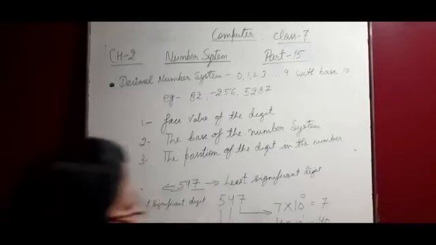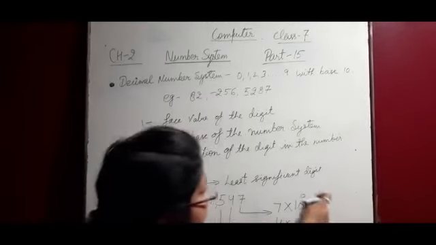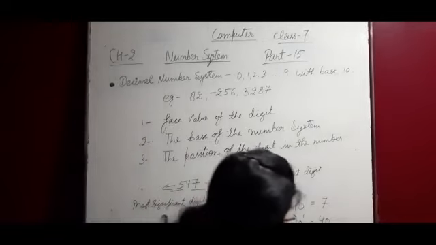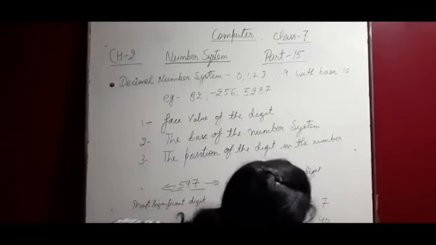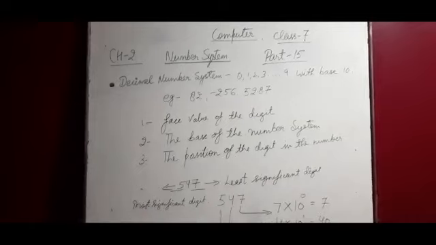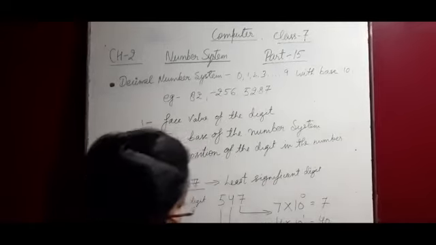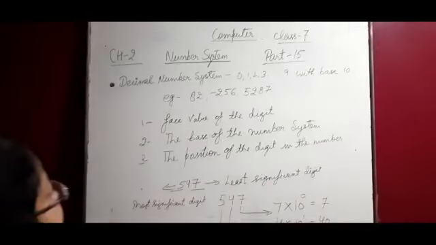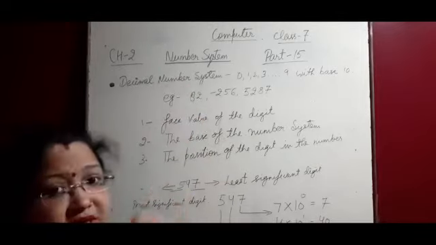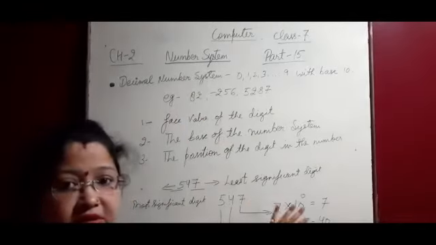When we add 500 plus 40 plus 7, we get 547. Is it clear? The numbers are the same here and here. So this is the way to solve the decimal number system with base 10.